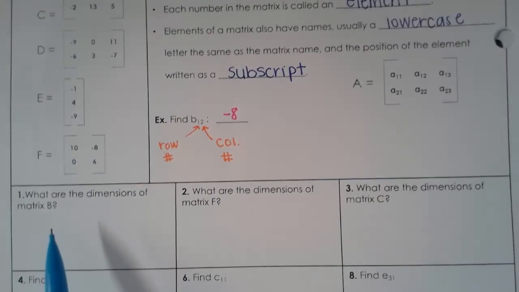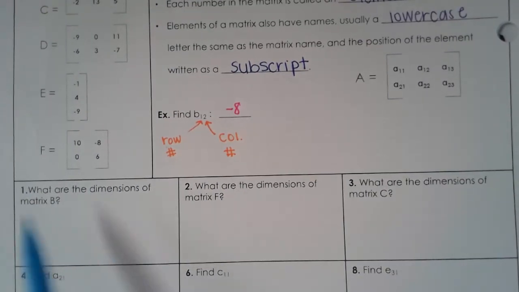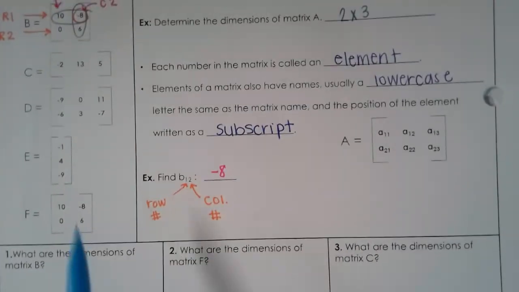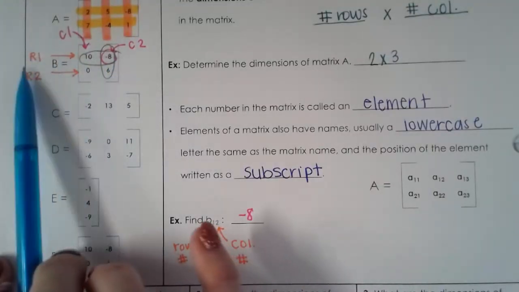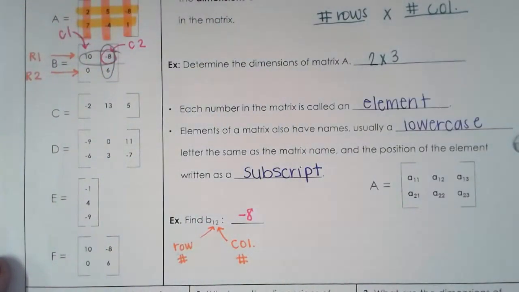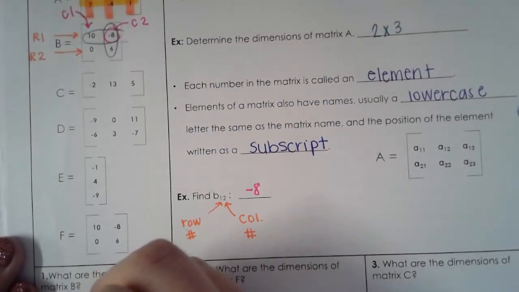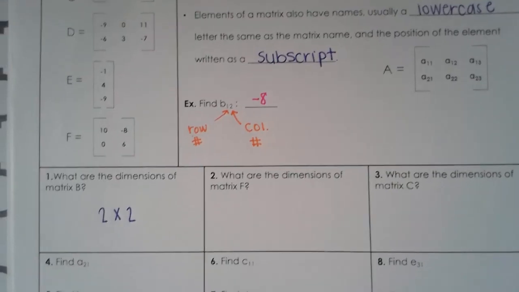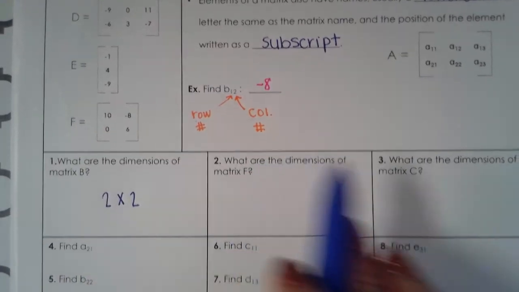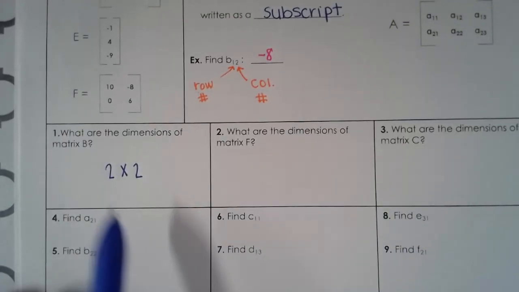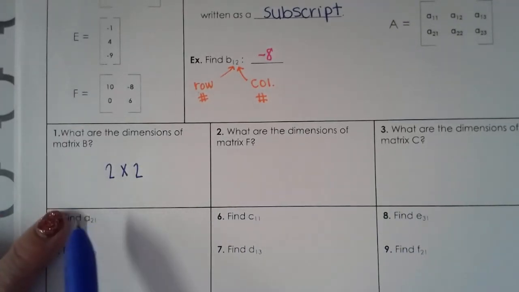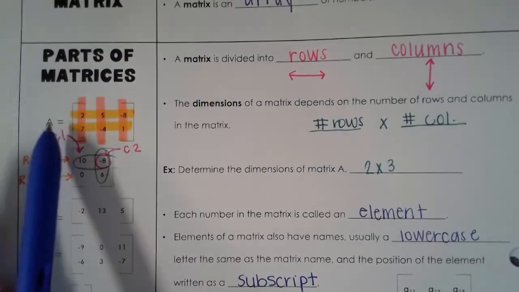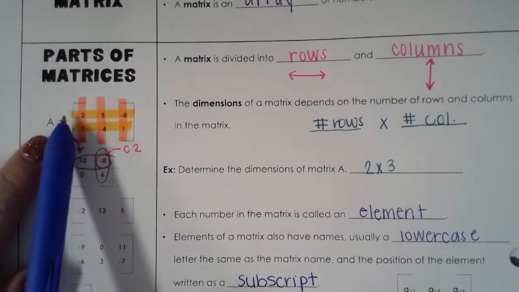All right, so some examples here. Number 1, matrix B. Well, we've already decided there's 2 rows, 2 columns. So it's a 2x2. And then I'm going to do 4 and 5 and let you work on these by yourself. So A21 means I'm going to look at matrix A, row 2.